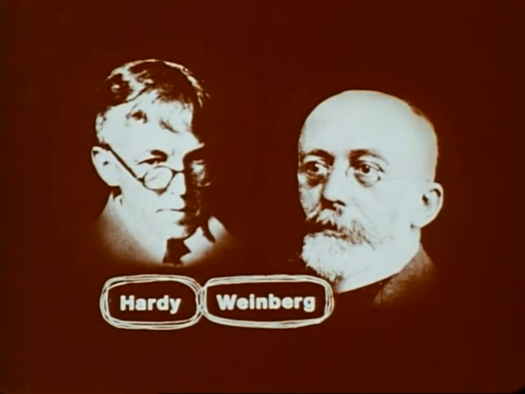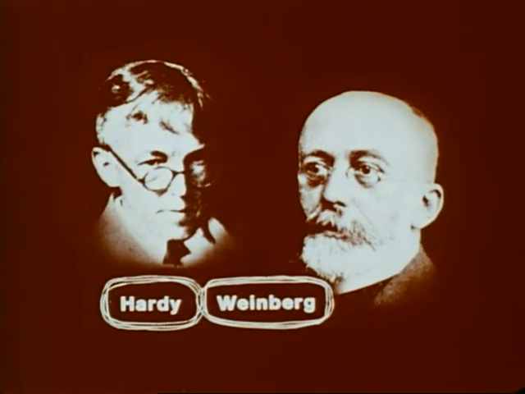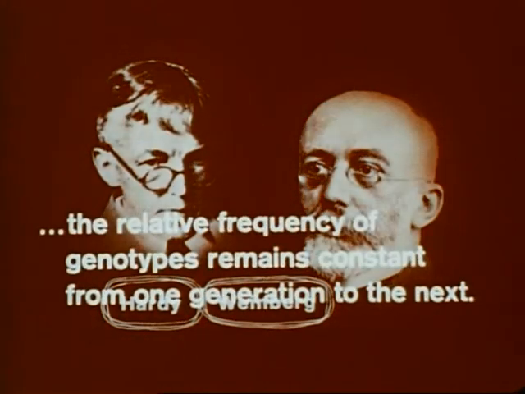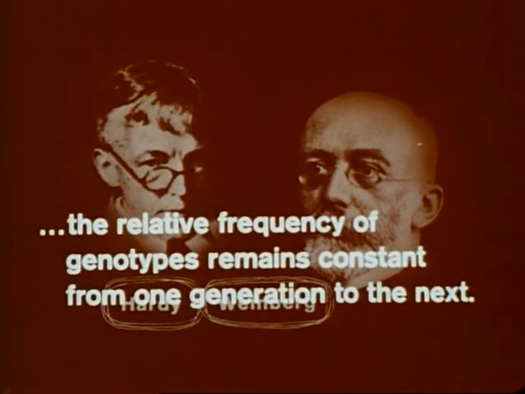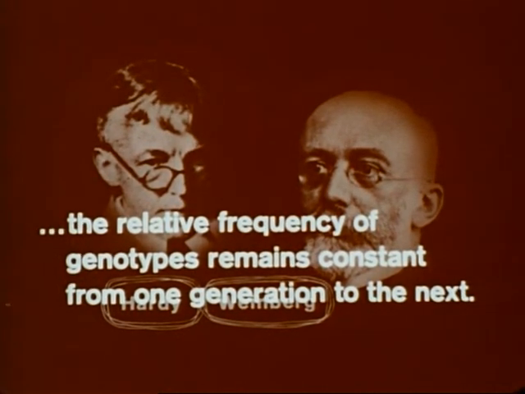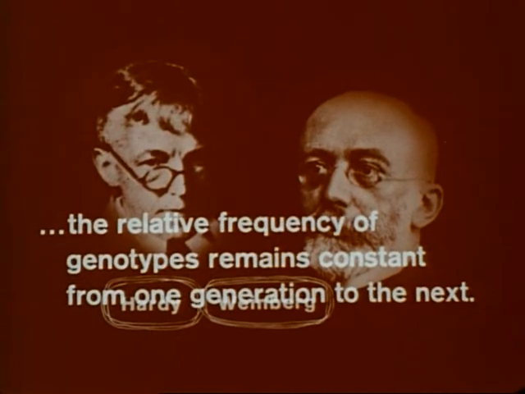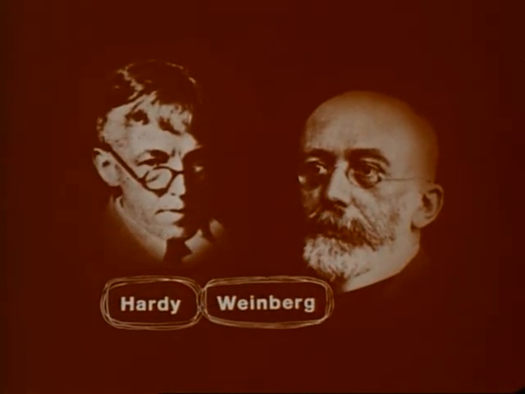The cornerstone of population genetics is the Hardy-Weinberg Principle, that the relative frequency of genotypes remains constant from one generation to the next, unless disturbed by factors such as mutation, selection, drift, and gene flow. It should be noted that whether a condition is inherited as a dominant has nothing to do with its frequency in a population.